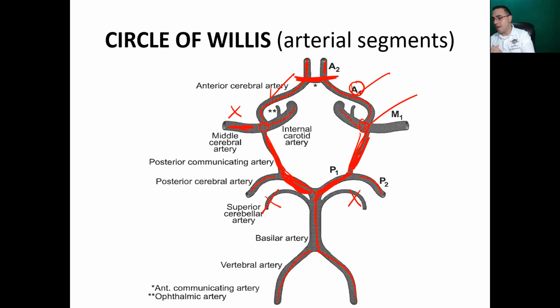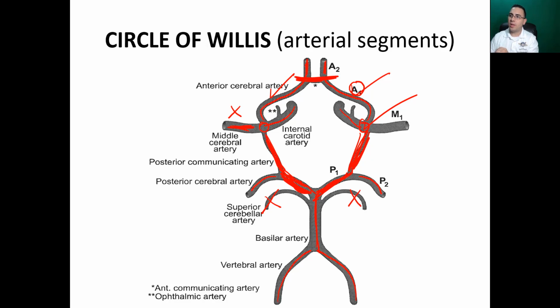That's the circle. Now, something that you need to know is that one common anatomic variant of the circle of Willis, it has many of them, but one common is hypoplasia of the anterior cerebral artery. Let me repeat this one more time. Hypoplasia of the anterior cerebral artery.